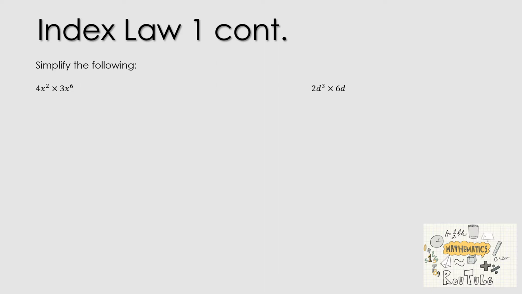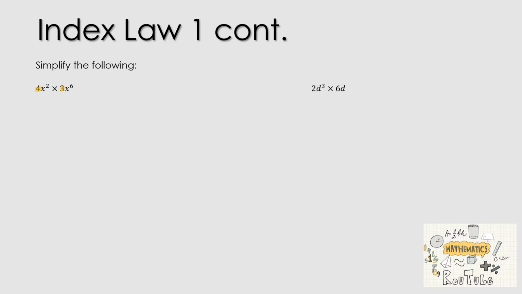Now there's a really common error that comes with a question like this. A lot of students think the bases aren't the same, because you identify that you've got a 4 and a 3 at the front of the pronumerals, and we call those numbers coefficients. It's really important to identify that those coefficients, the 4 and the 3, are not the bases.